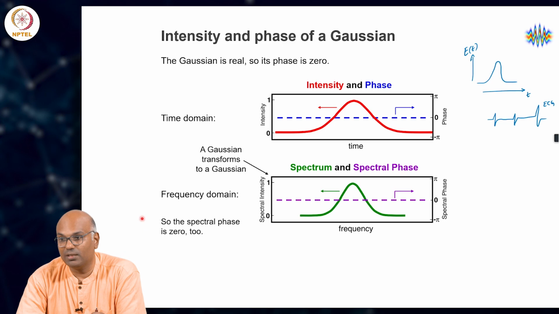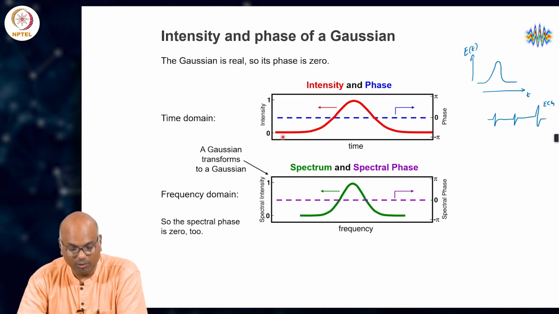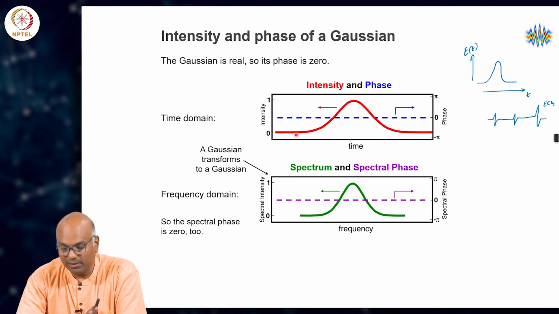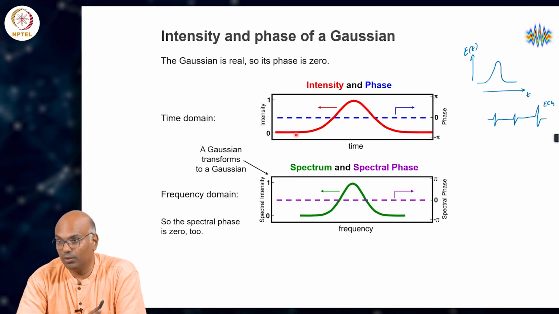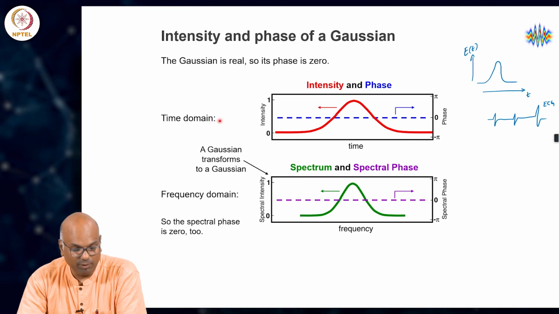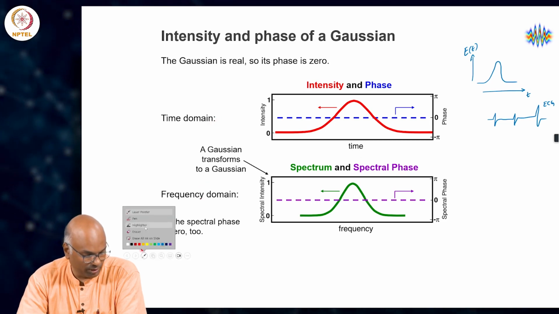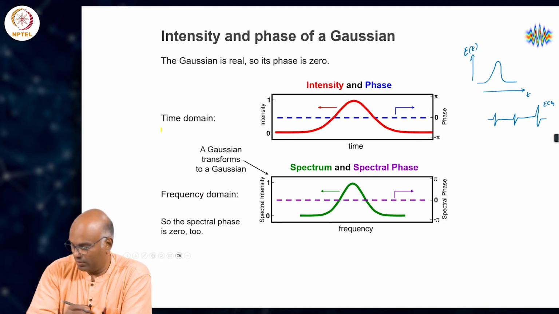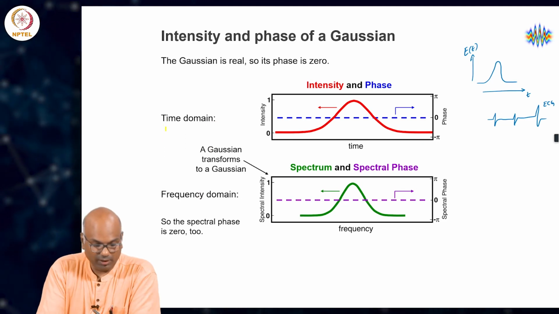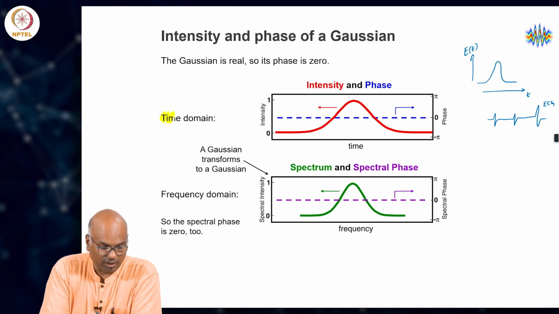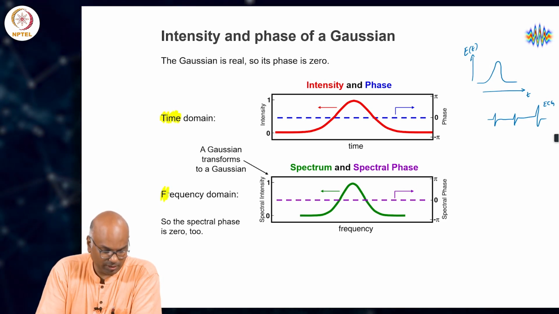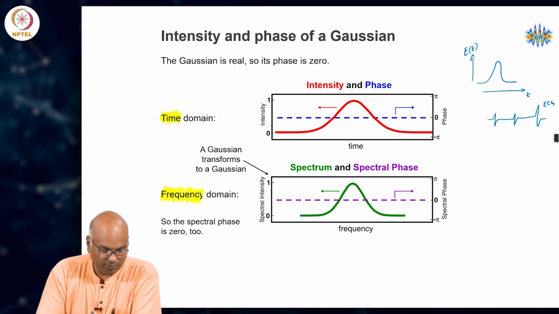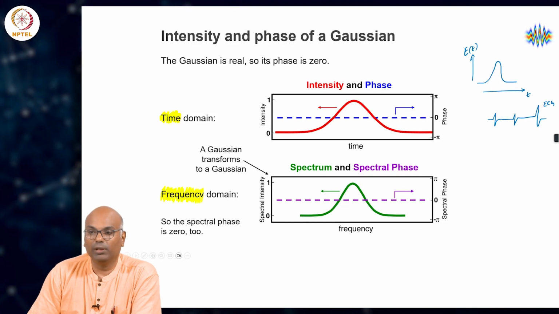In which case, this is what it should look like in a practitioner's mind. That is, a complete pulse description can either be done in the time domain or the frequency domain. Both are equivalent. So, we invested a lot of time so far in trying to establish the fact that the time domain and the frequency domain are conjugate but equivalent descriptions.